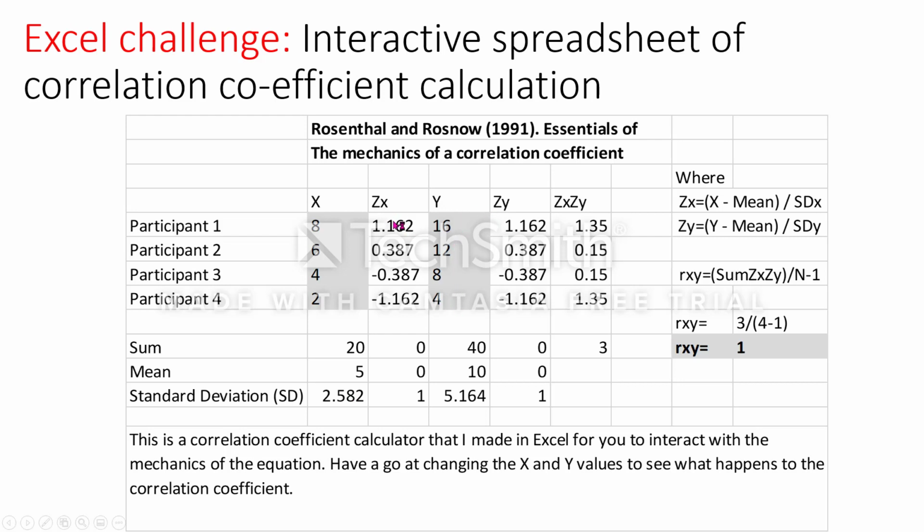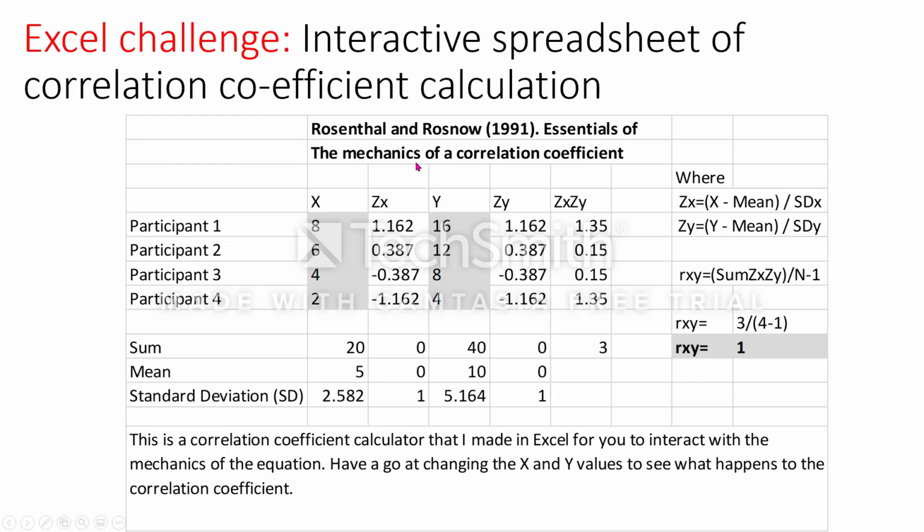And then you would be able to go on and calculate your z-scores for each of the columns of data, multiply the z-scores together, and then divide by n minus 1, and then this would give you your correlation score of 1. This is a perfect correlation here because I've entered the data so it would end up as 1. So all of the numbers here are simply doubled in this column: 8, 16, 6, 12, 4, 8, and 2, and 4.